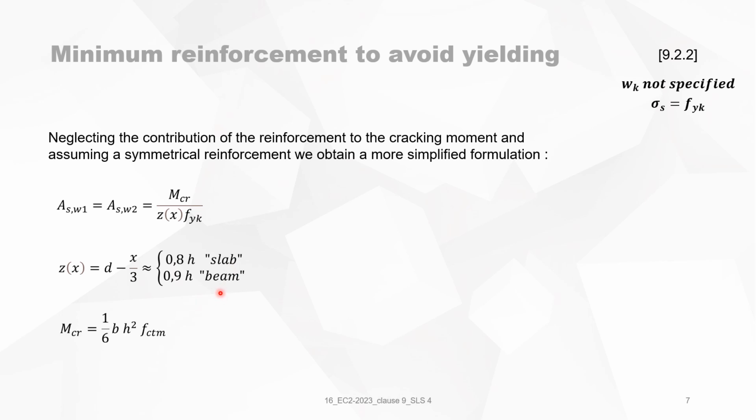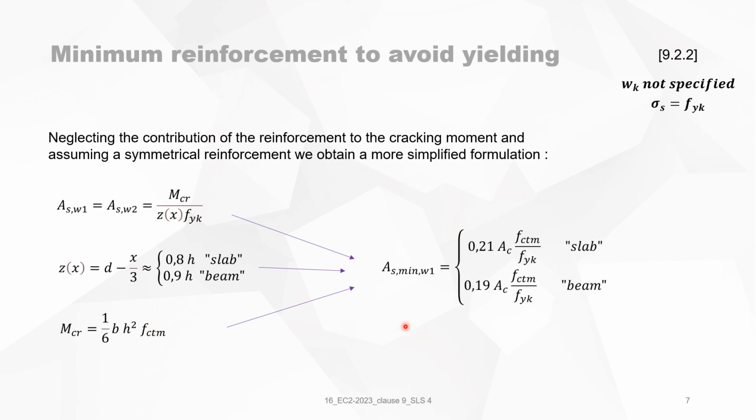It's just an approximation. And we can calculate the cracking bending moment with the formula for a section without reinforcement in it. So it's a uniform section, so it's a known formula. It's much simpler than the previous one.